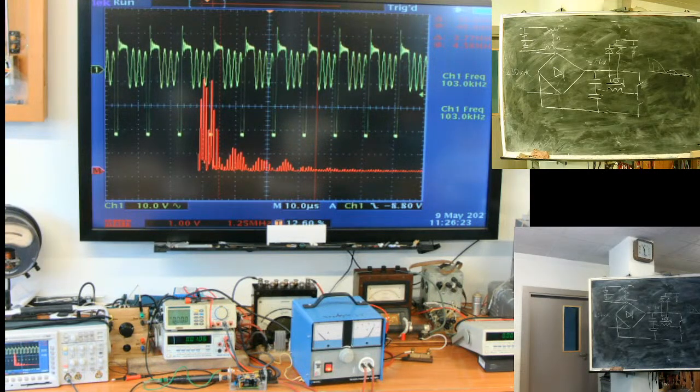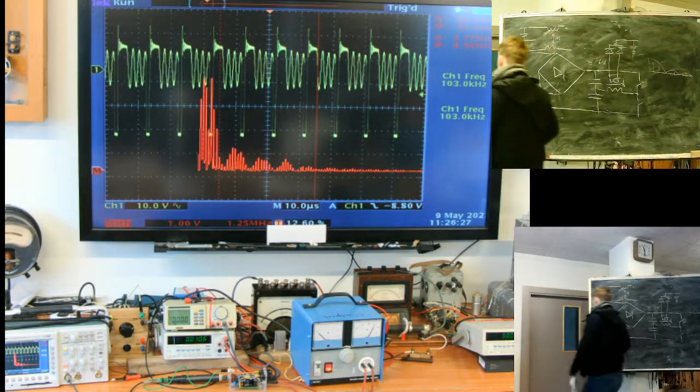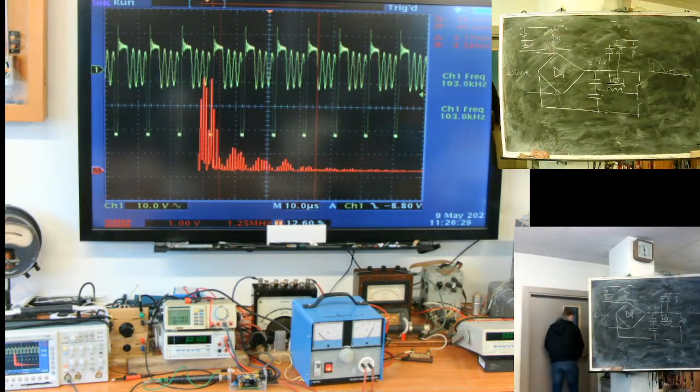And these are primary capacitors. And for the secondary part, diodes are under this cover. You can see them from the other side. These are diodes. Nice flat power supply.